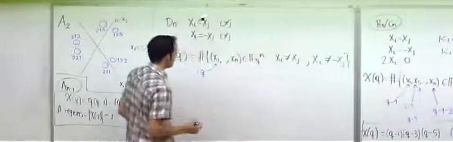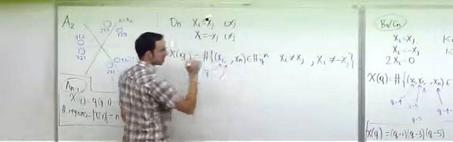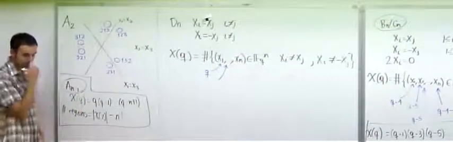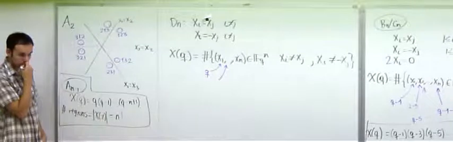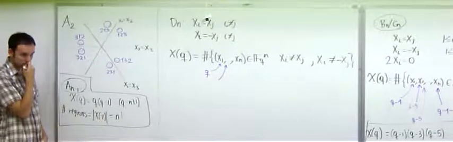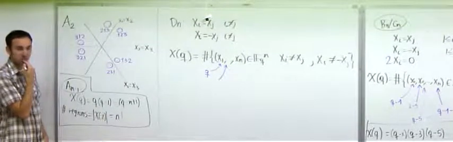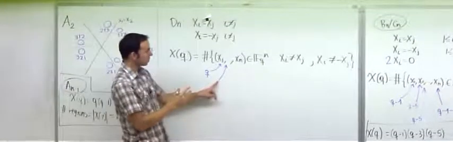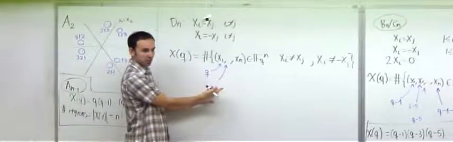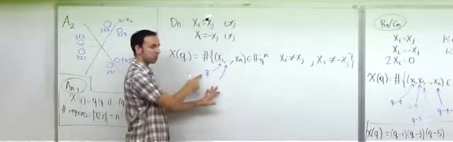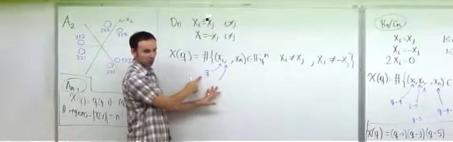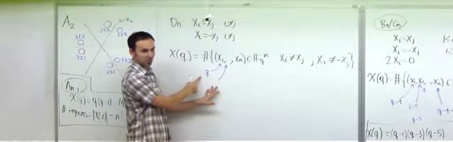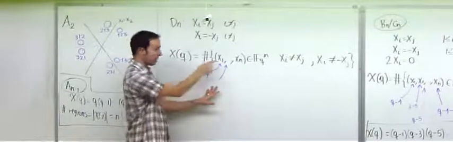Okay. Now what about x2? How many possibilities are there for x2? This is the trick question. q minus 2? Maybe. q minus 2 because you had q numbers, but you're not allowed to use this one or its negative. So q minus 2. But what's the catch? What if I chose 0 here?